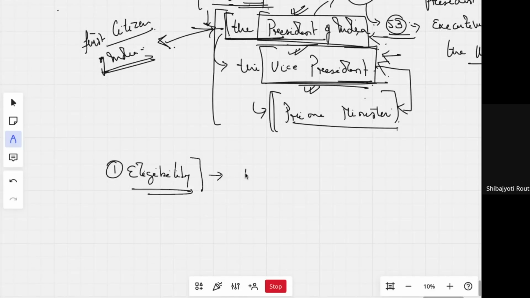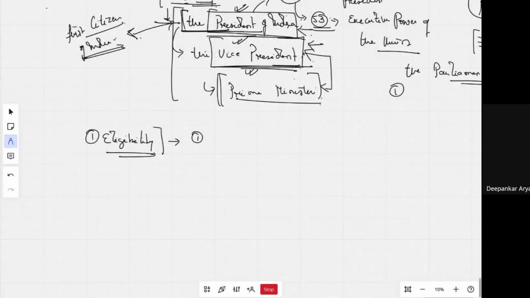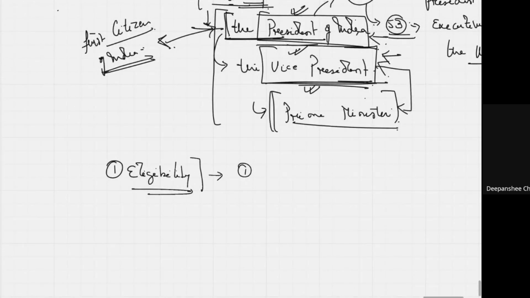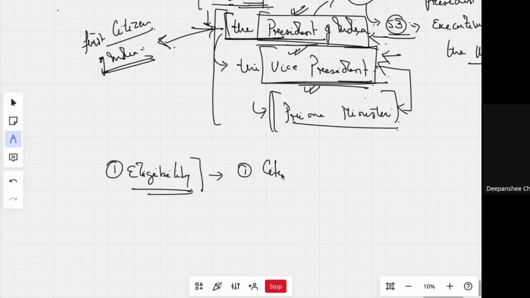He must be a member of Rajya Sabha, 35 years. Okay, first raise your hand. Yes, Dipansi. Sir, first, the President should be a citizen of India. Second, yes, citizen, his age must be above 35 years.